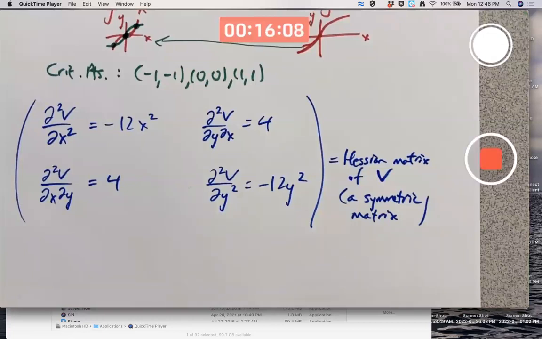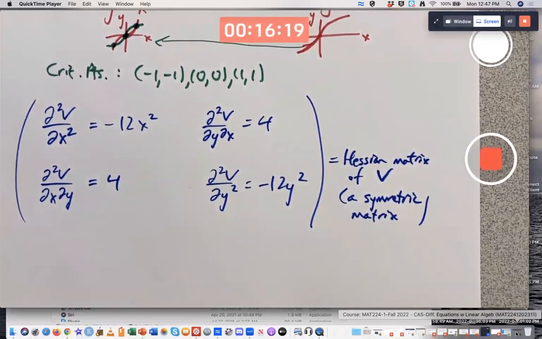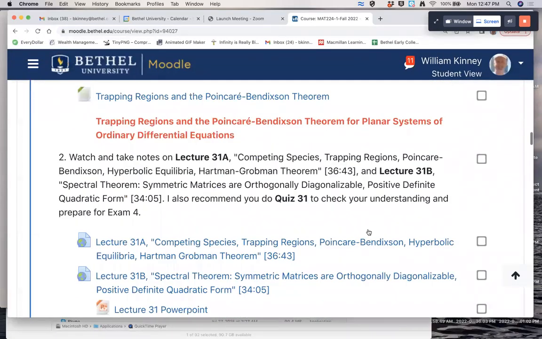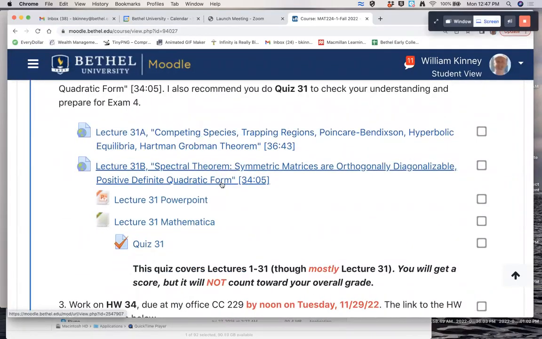If we used it to create a quadratic form. Is that in lecture 30B or 31B? I forget. What's a quadratic form? You'll learn about it in lecture 31B. Quadratic form. You can treat it as a pure linear algebra topic, but it's got applications to differential equations.